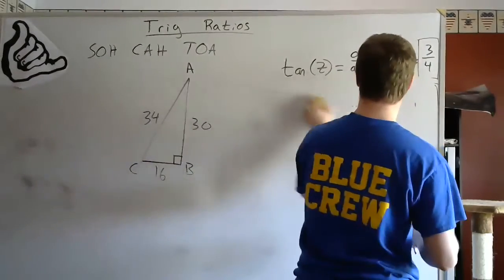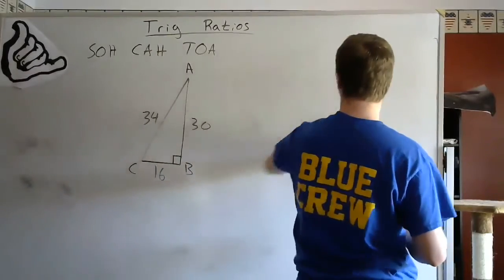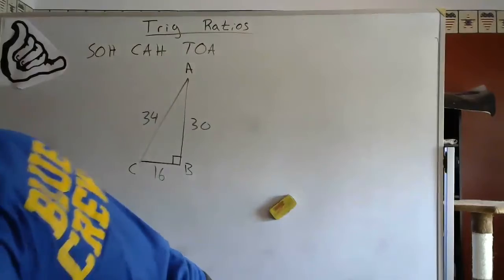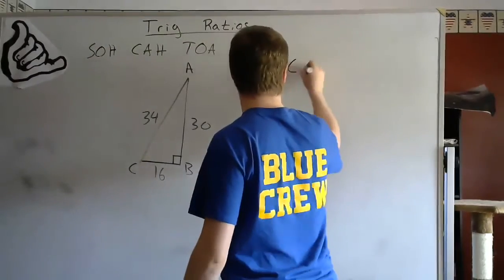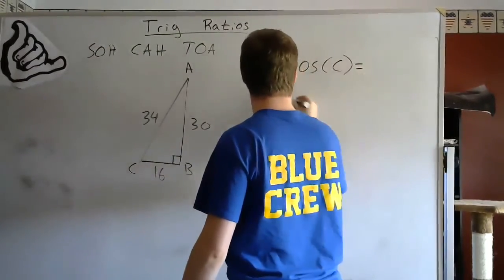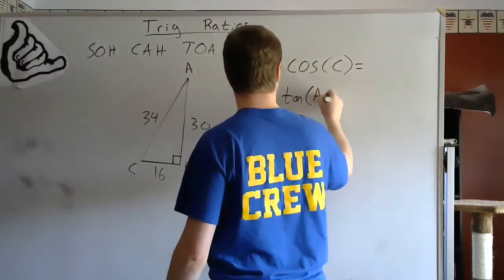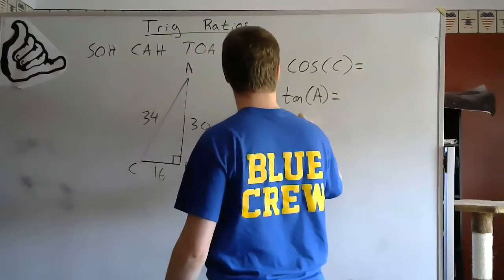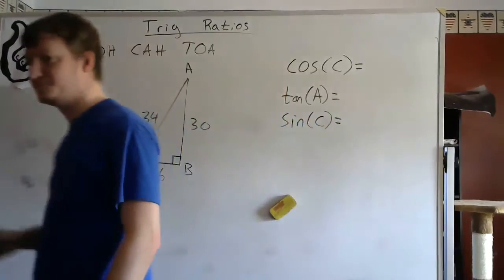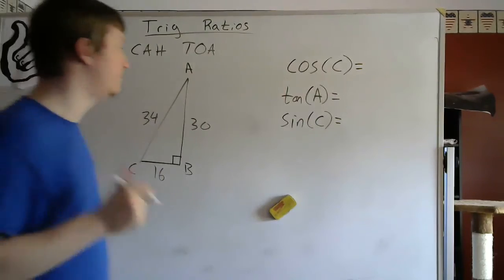And the worksheet just wants 1. We're going to do 3. The worksheet wants the cosine of C. I'm also going to want the tangent of A and the sine of C. So let's start off with the one the worksheet wanted, cosine of C.